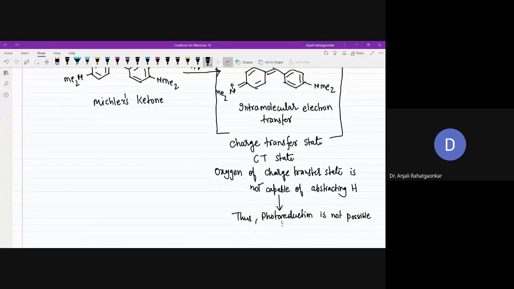You also have to justify why they do not undergo photoreduction, and why some moieties easily undergo photoreduction. These are the important points to be remembered.